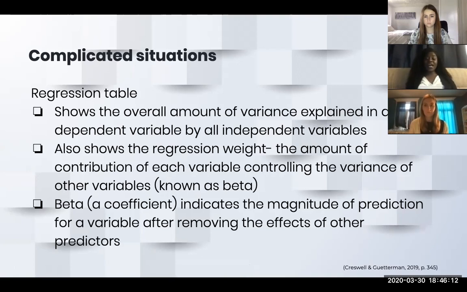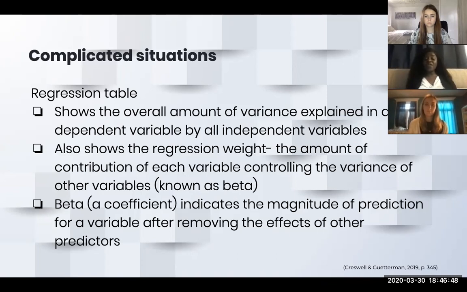And it shows that with something called the regression weight, which is the amount of contribution of each variable, controlling for the variance of the other variables within the study. So basically we have a whole lot of variables, independent variables, dependent variables, and we just want to know how much each variable is contributing to the variance of the other variables.